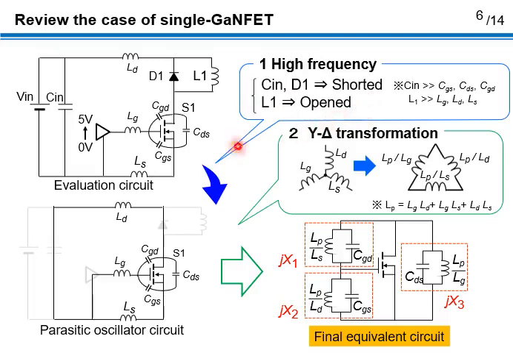As a result, we can get the AC equivalent circuit like this. So, we try to transform this equivalent circuit. The point here is to apply the star-delta transformation to the network of parasitic inductance. As a result, we can get a transformed equivalent circuit like this.